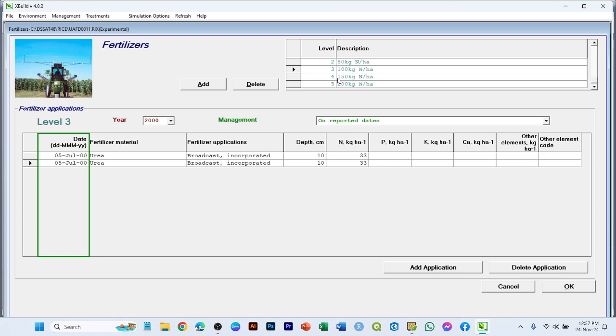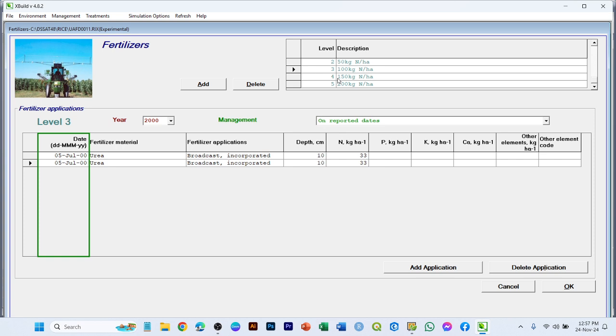As I already told you, this is the amount that we are going to apply externally, other than the nitrogen, phosphorus, potassium that is inbuilt in the soil. Yes, if you are going to apply phosphorus, potassium, calcium, and other elements, you have to mention them over here.